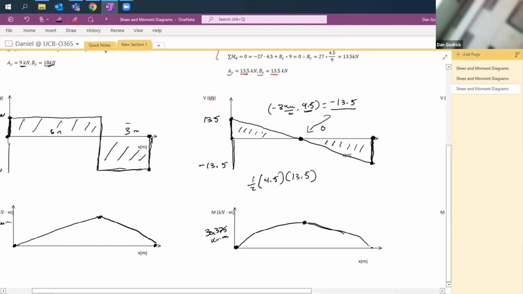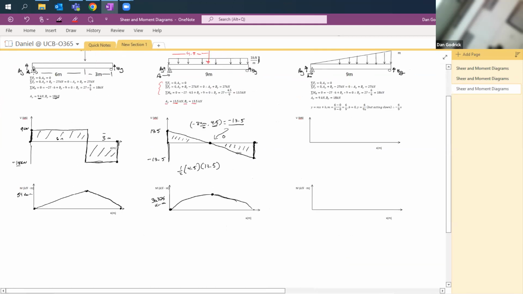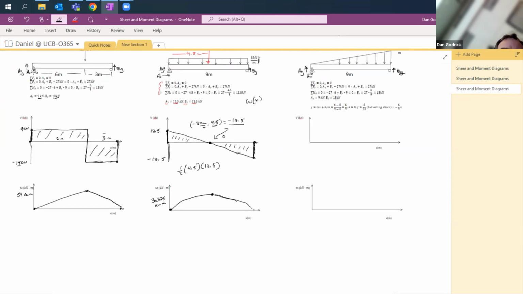Well, let's see. Our function W of x equals 3 kilonewton per meter. It's acting down, so that's minus 3 kilonewton per meter. We take the integral of that dx, we get minus 3x plus c.